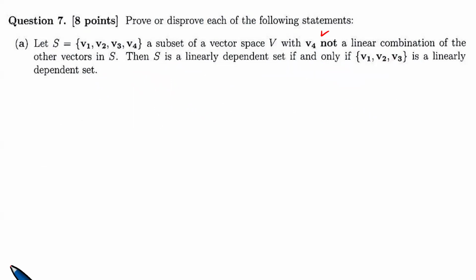So what does it mean about linear independence? We'll discuss that. Then S is linear... this is what it comes to. So now there is an inference about linear dependence. Then S is a linearly dependent set if and only if V1, V2, V3 is a linearly dependent set.